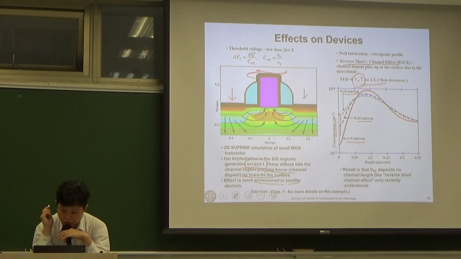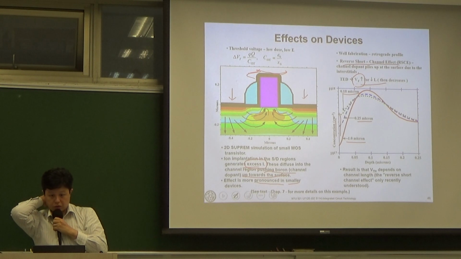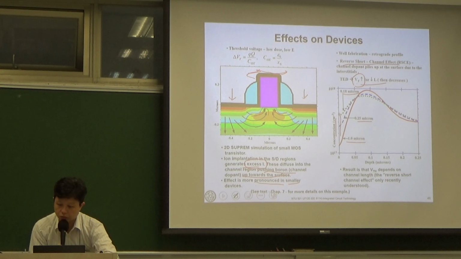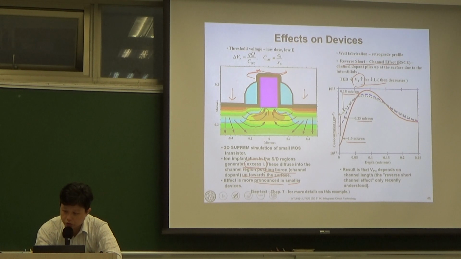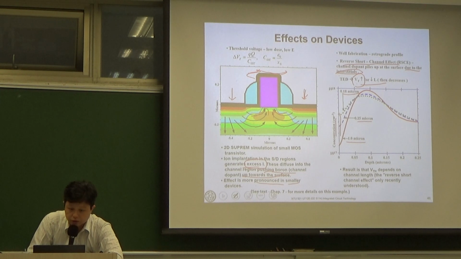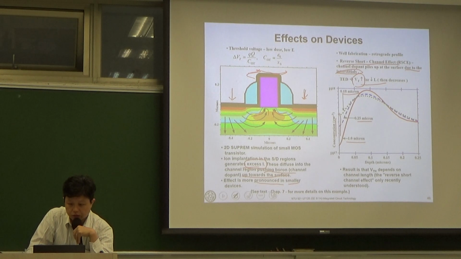It's a reverse short channel effect because your channel dopant will pile up at the surface, and that's due to the effect of your interstitials, and those interstitials are generated from your source drain implant. So that's the effect on devices.